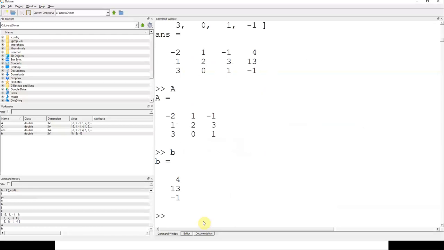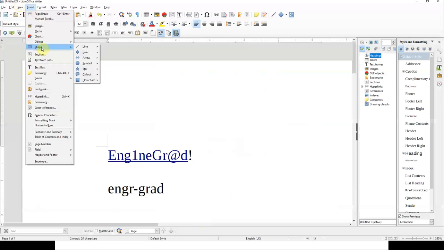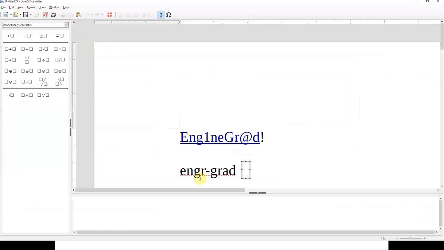I can write it this way. I'm going to open a little spreadsheet. Let me go back to this. Everybody saw this. I'm going to open an equation editor. You can see it. Hopefully everybody can see what I'm about to type.